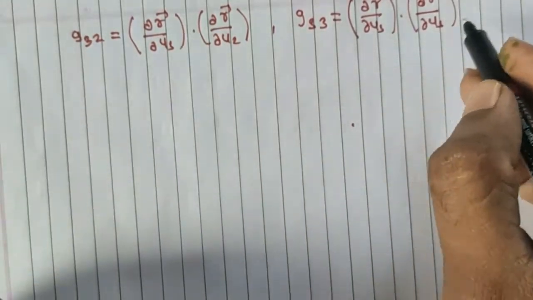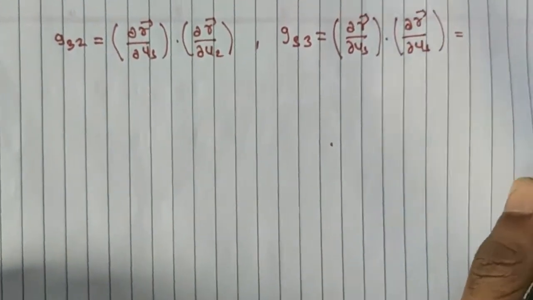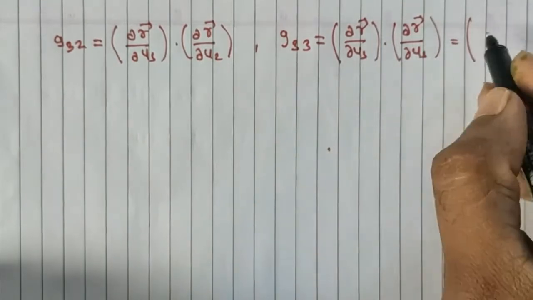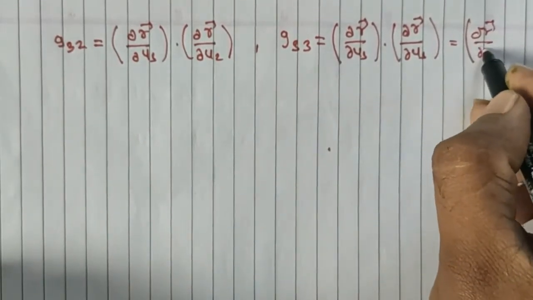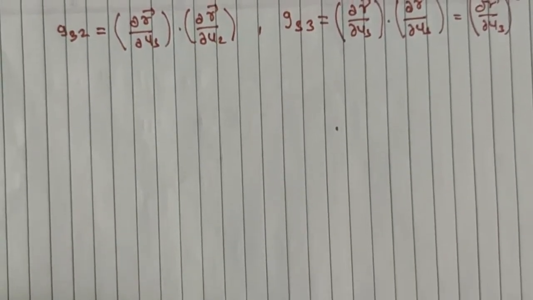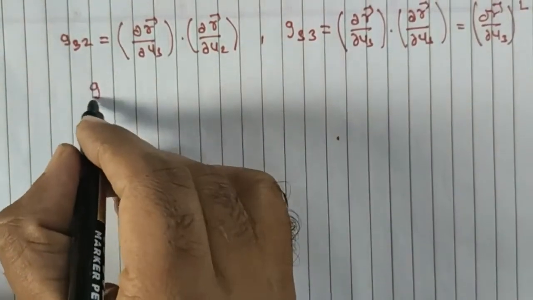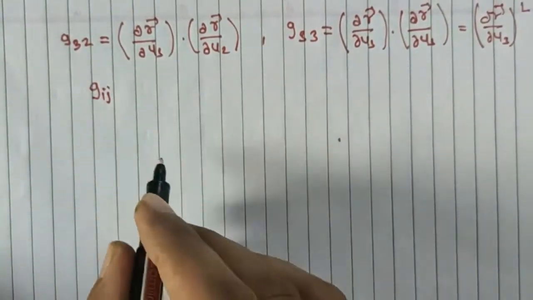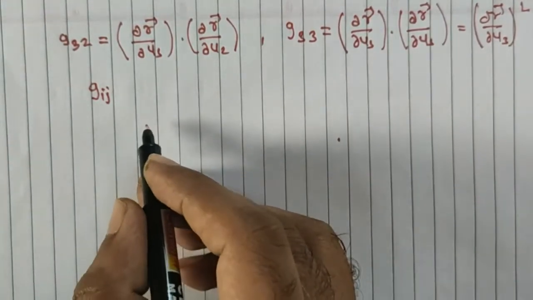So it will be square term, right? As you can see, there is a 3, 3, so I can write it as square term. Okay, so I got this gij. We were finding gij, right? So there are 9 terms of gij.